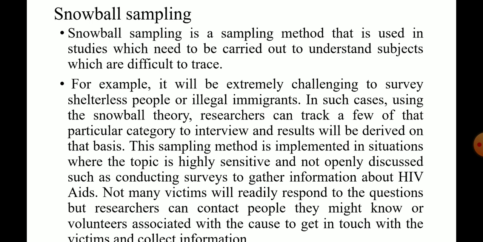For example, if we want to collect the number of HIV patients in a particular state or country, it is very difficult because it is highly sensitive. So the researcher will use the snowball technique, going from the reference of one person to another.